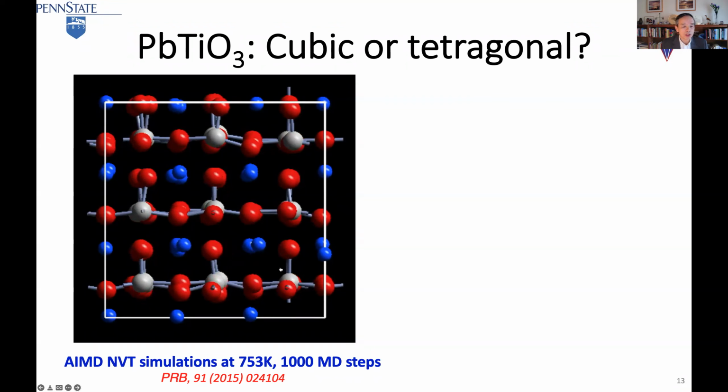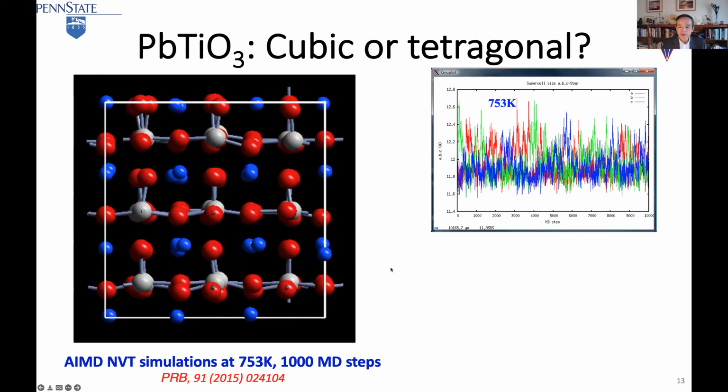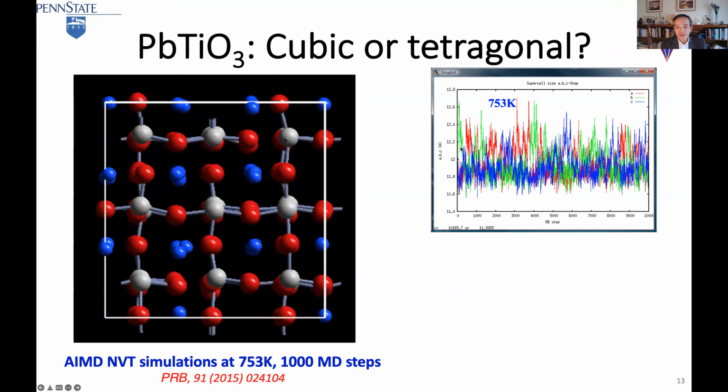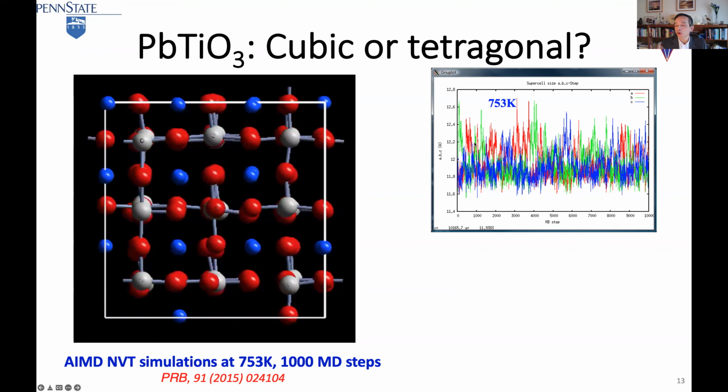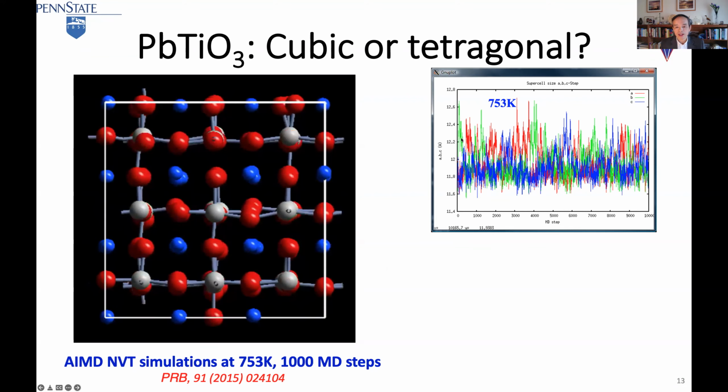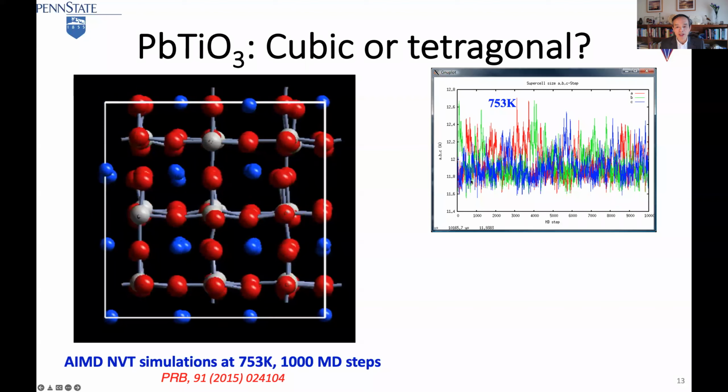So what we do now is analyze individual titanium atoms, just like in the XAFS experiments. At 753, the same temperature, look at the green, which is for 1 titanium atom. You see it's in the C direction, and then jumps to the A direction.